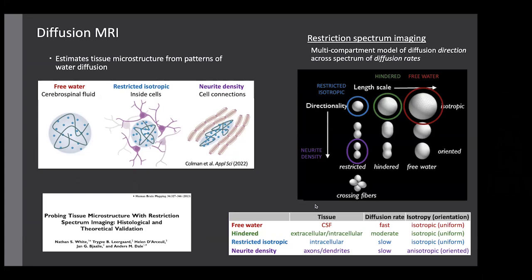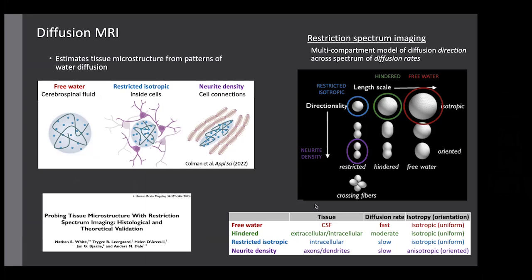How is this different than diffusion tensor imaging? Good question. Diffusion tensor imaging is a much more simple model. In MRI you have a voxel, which is like a three-dimensional cube.